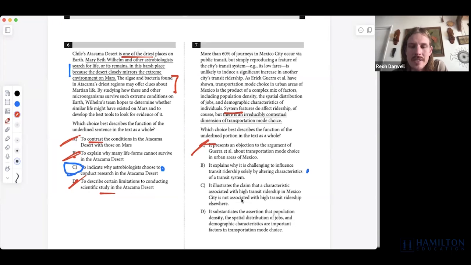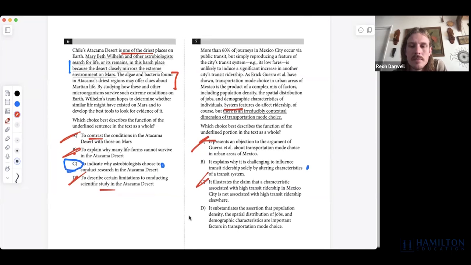C suggests that there's something unique about Mexico City that is not present elsewhere, right? But that's not claimed either, right? We're not comparing it to anywhere else. We're just saying that you can't compare it to anywhere else, really, right? And then finally, D, to substantiate something, would need to provide some sort of evidence, okay?